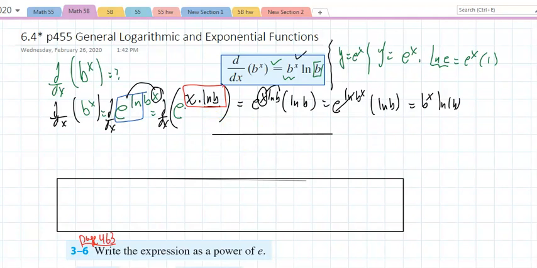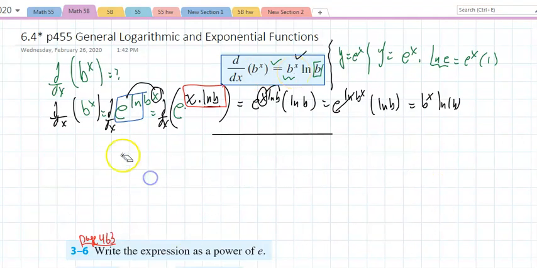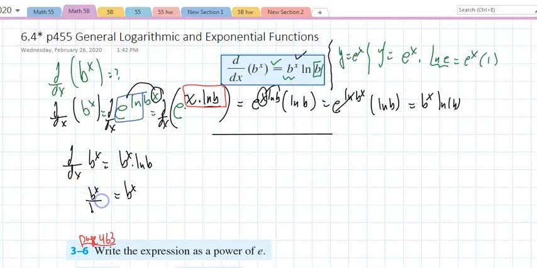So the derivative of b to the x is b to the x times natural log of b. So if I solve for b to the x, the derivative of b to the x over natural log of b is b to the x.